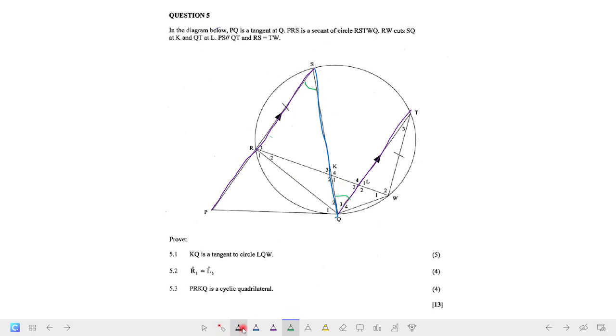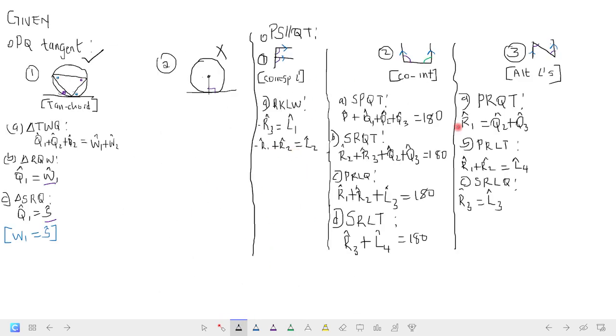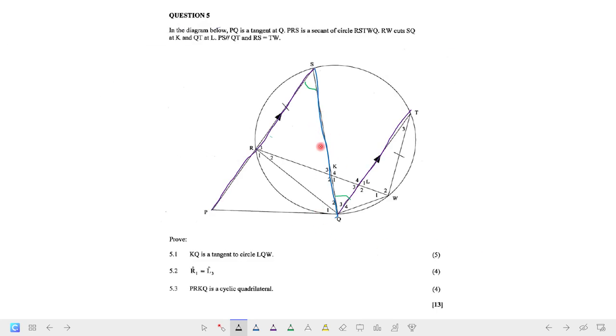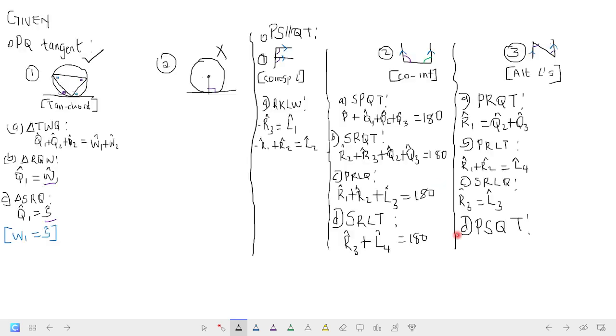So PSQT, angle S and Q3 are the same. Angle S is the same as Q3.